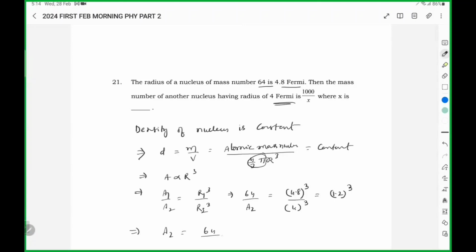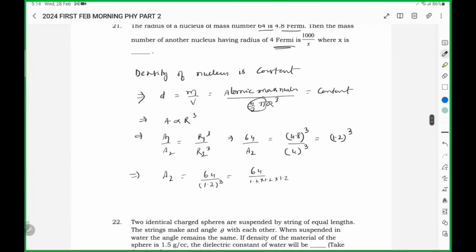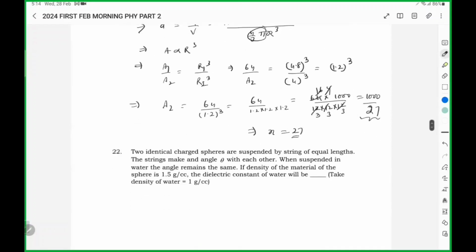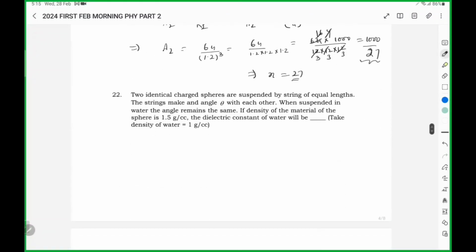A2 will be 64 by that is 1.2, which is 64 into 1000 by 27, which implies x is, because he is comparing this with 1000 by x.